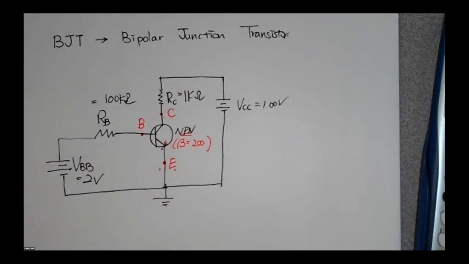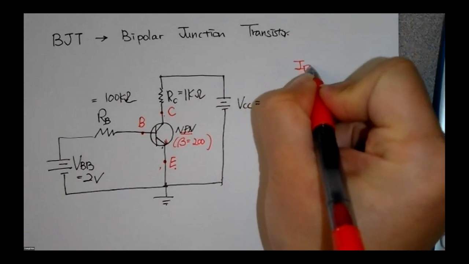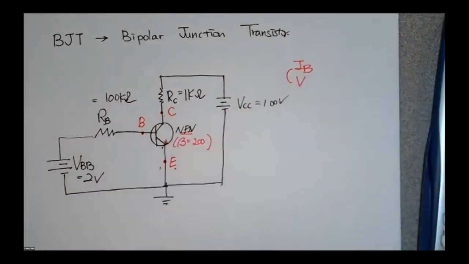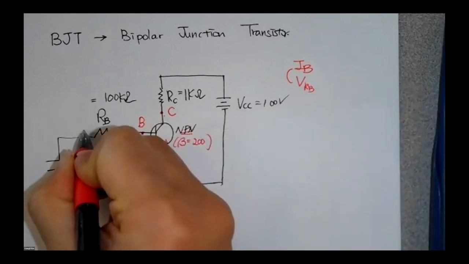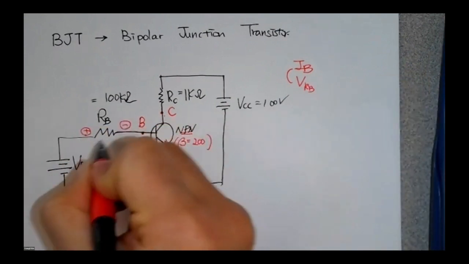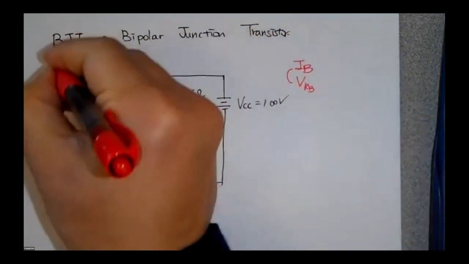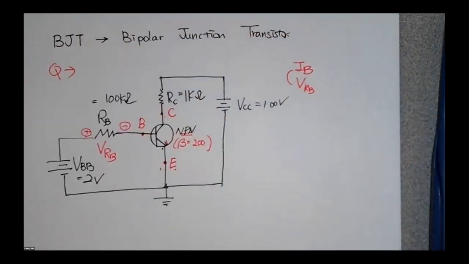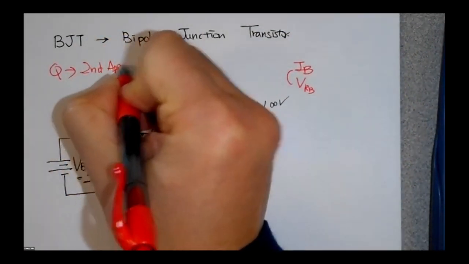You can see from the printout several questions. What is I sub B? And what is V sub RB? V sub RB means this one here. The question assumes the second approximation.